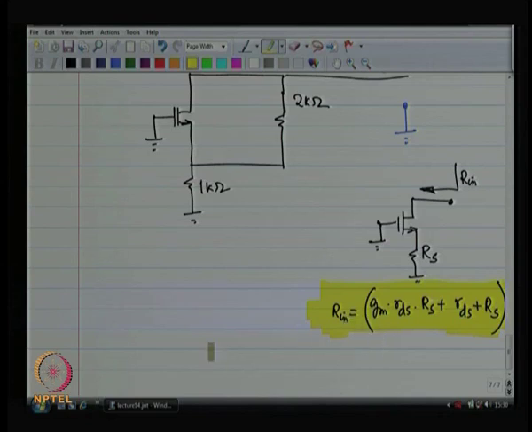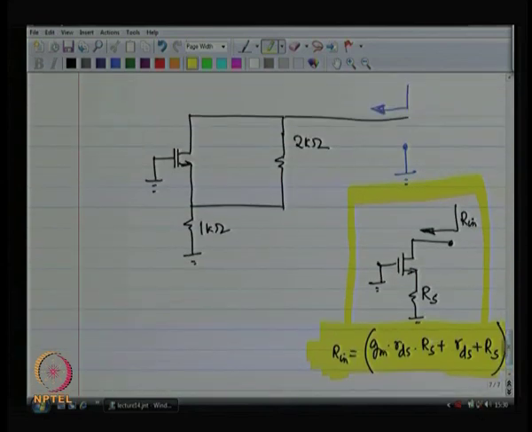Okay. So, I suggest that you memorize this situation and this formula. It is going to come up again and again and again. So, it is better that you just memorize the expression. Anyway, so what is going to be my resistance looking into the network over here?